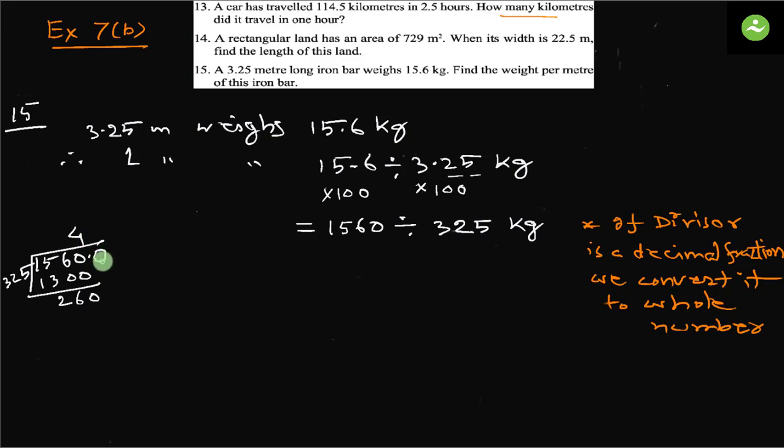But before we bring down this 0, put a decimal point here in the quotient and bring down 0. Now multiply by 8. This is 2600. No remainder. So 4.8 kilogram. Answer.